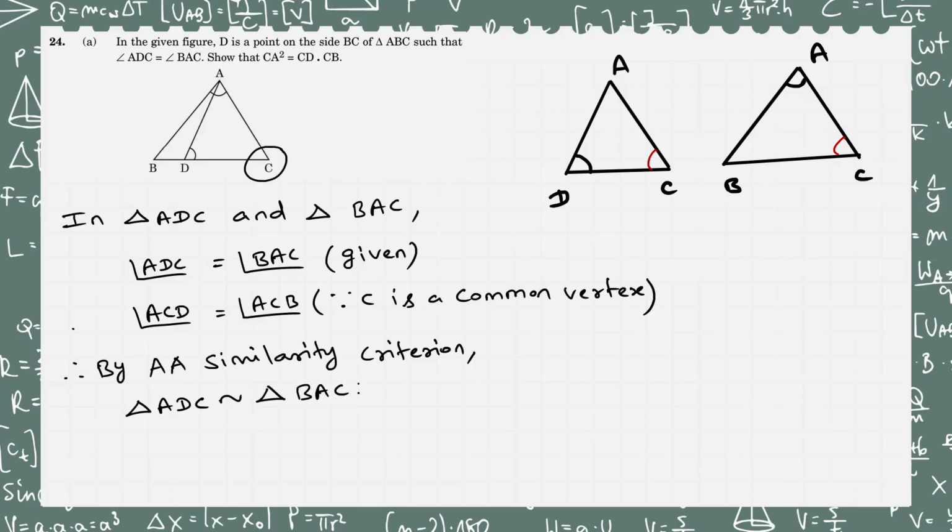Make sure you have written the order of the letters in the correct position, which I always insist, because once the order gets disturbed, the ratio which you are going to write will become disturbed. So make sure you have written them in the correct order. See, angle D and angle A both are equal.